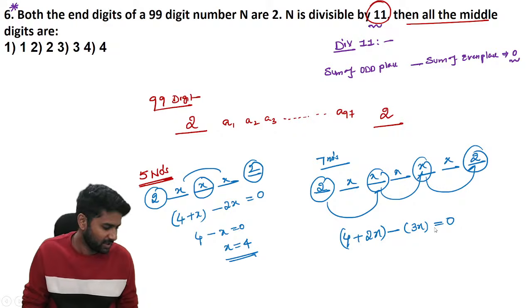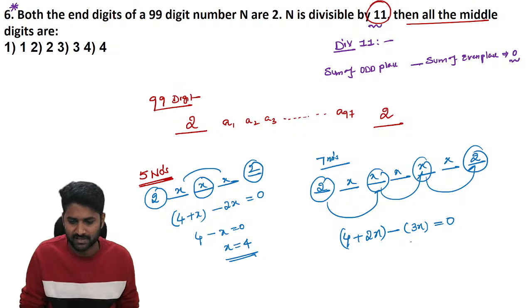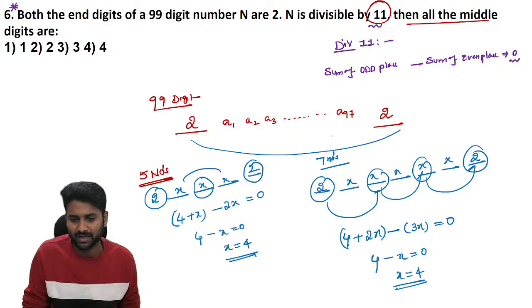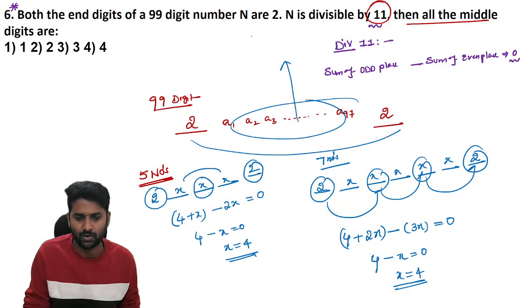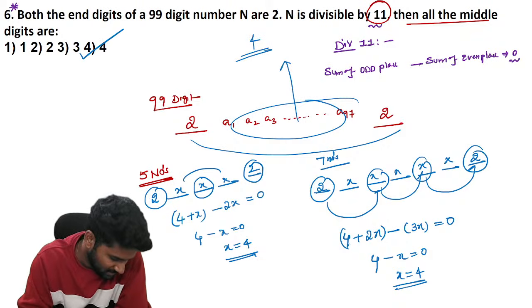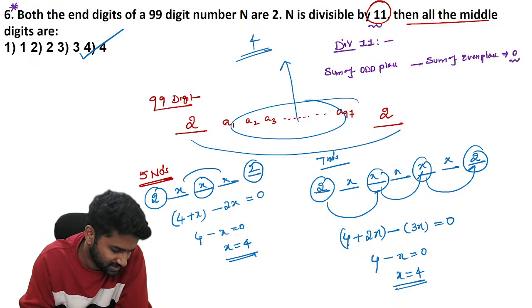According to the property, the difference is 0. Simplifying further, 4 minus x is equal to 0, so x must be 4. In this way, for any 99-digit number like this divisible by 11, all the middle digits must be 4 itself. Clear? One of the most important questions, guys.